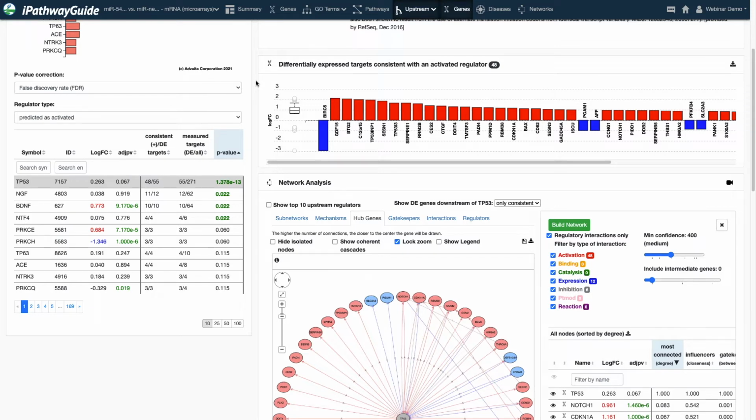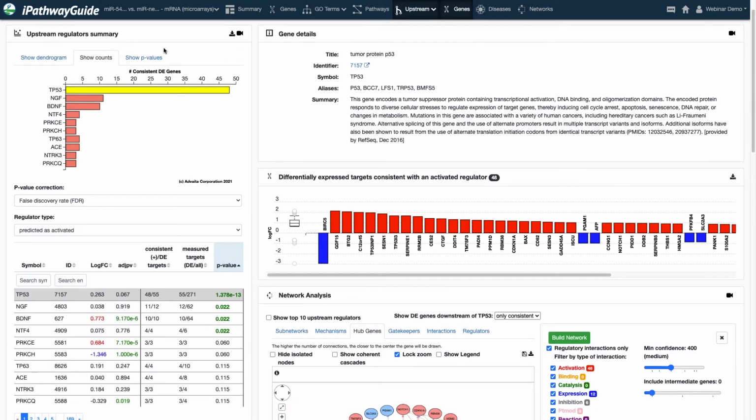So A is upstream of B, and A activates or inhibits B. And using that kind of information and setting the differentially expressed genes as the target, so playing the role of B in that example, we can calculate and predict genes that would be active or inhibited upstream of the differentially expressed genes, and use the direction of their fold changes to make those predictions.